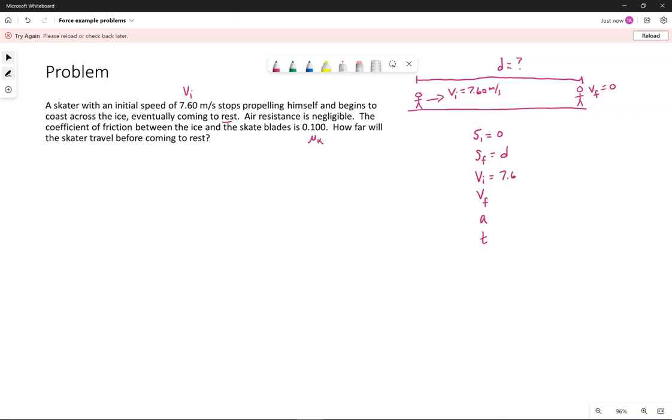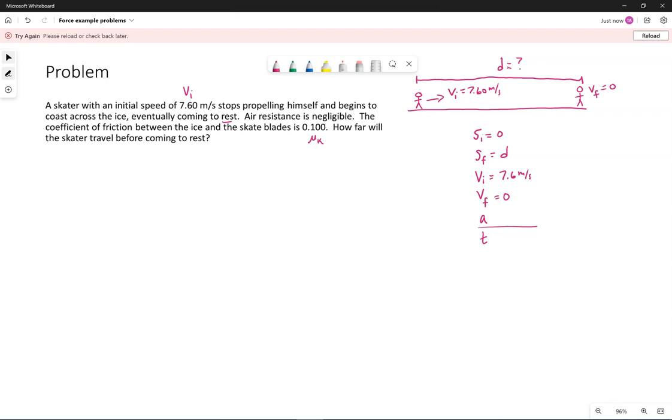V initial, 7.6 meters per second, comes to rest. So there has to be an acceleration, right? His velocity is changing, so there's an acceleration making that happen. We don't know the acceleration, we don't know the time, and we want d, that S final.